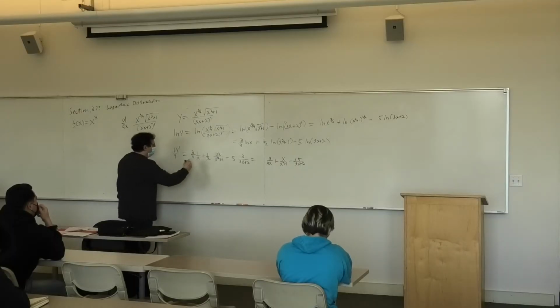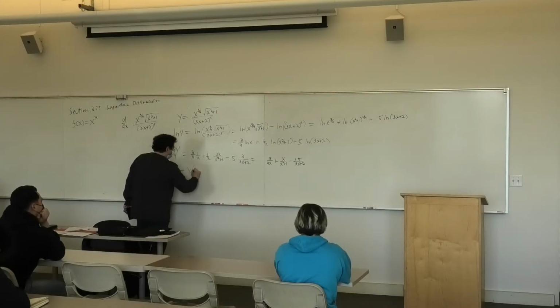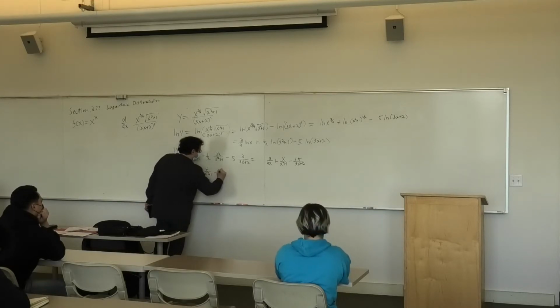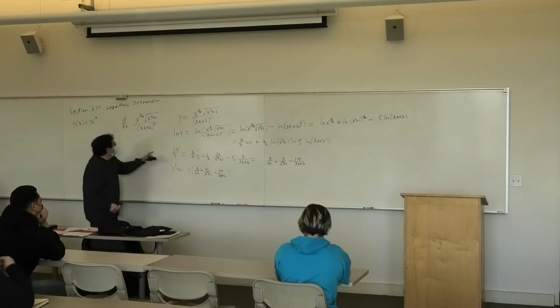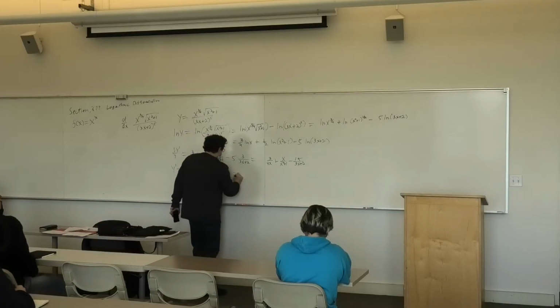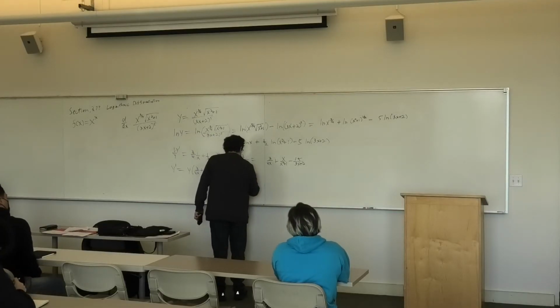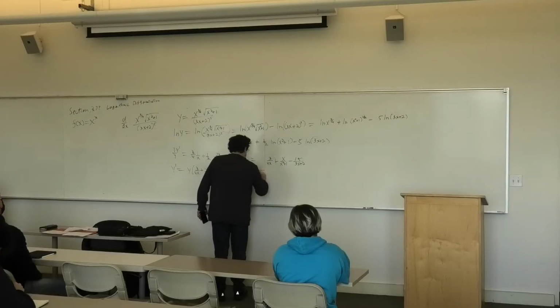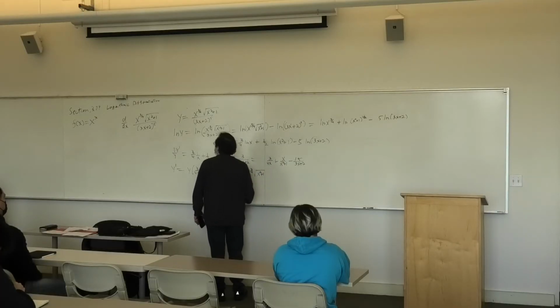Let's multiply both sides by y. But of course I know what y is. So I get, it's an ugly result, but we avoided much of the algebraic manipulation that's prone to error.